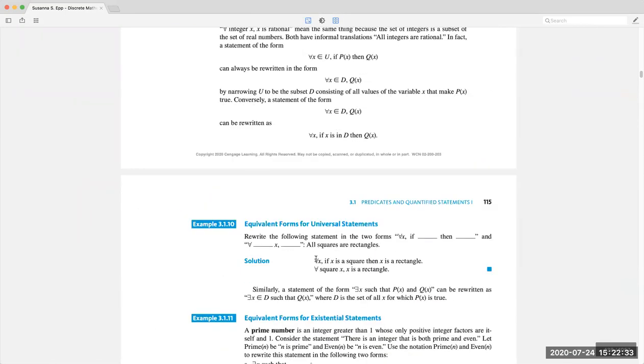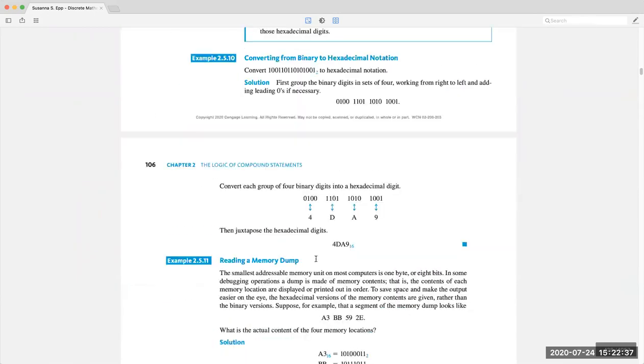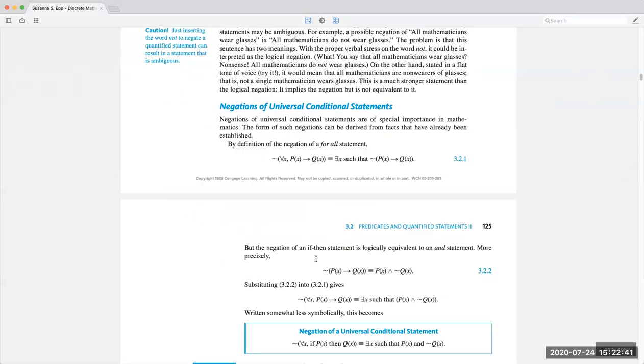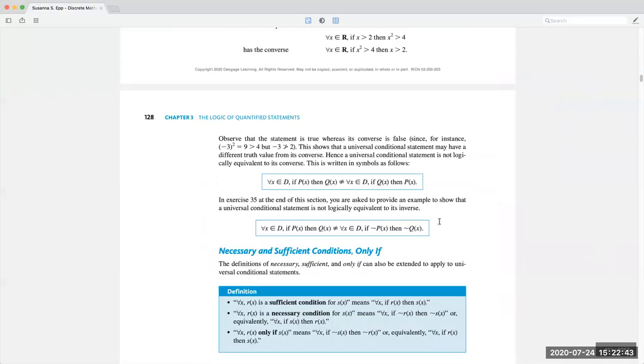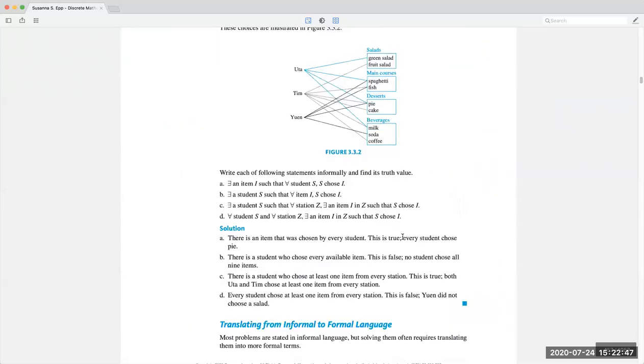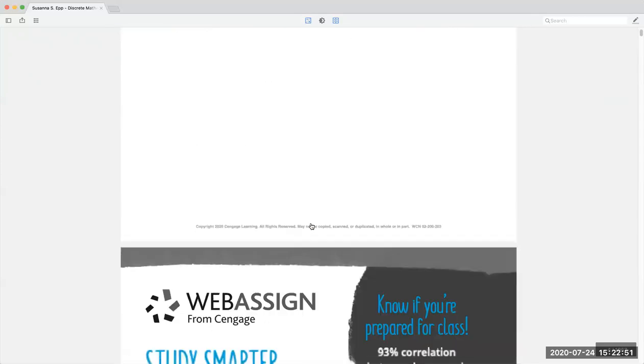So we have finished chapter 2 already. Next time we'll have a look at a little bit of chapter 3, but we will not go in depth. I'll just tell you some simple laws about chapter 3, and then we'll look at the counting techniques.